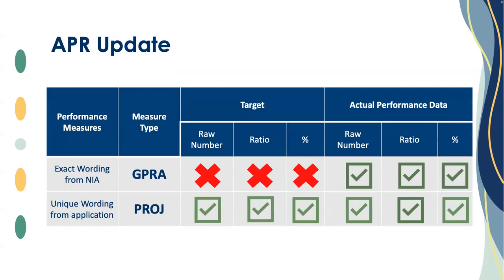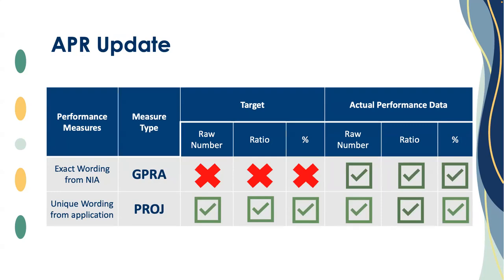Please remember when you're filling out your section A that the GEPRA measures do not have any targets attached to them. So leave that target section blank, and all you will do is report on the actual performance of your GEPRA measures.